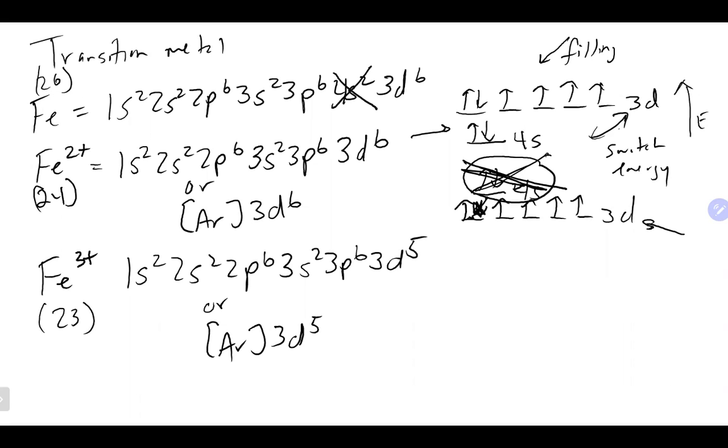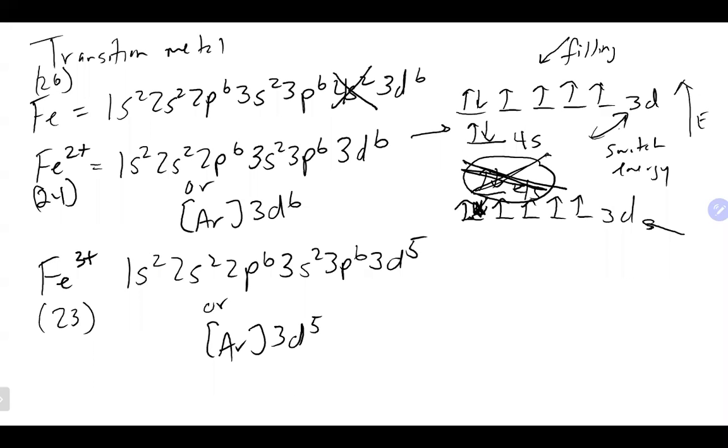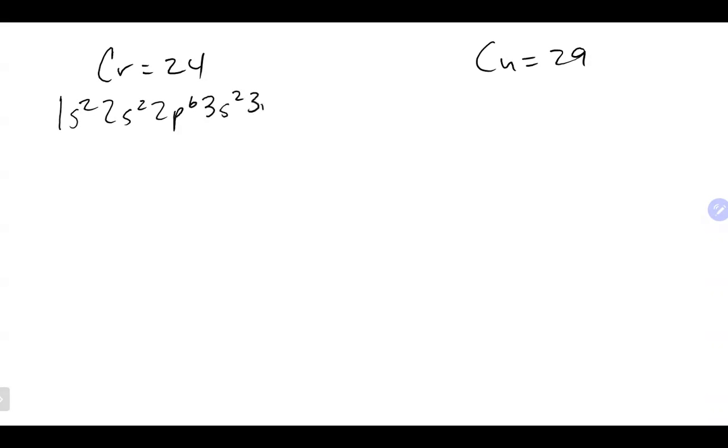All right, so we got that. We talked about charges here. Let's also talk about two exceptions to electron configuration. They are chromium, which is 24, and copper, which is 29. If you were to follow the zigzag approach, you would end up with 1s2, 2s2, 2p6, 3s2, 3p6, 4s2, and 3d4.